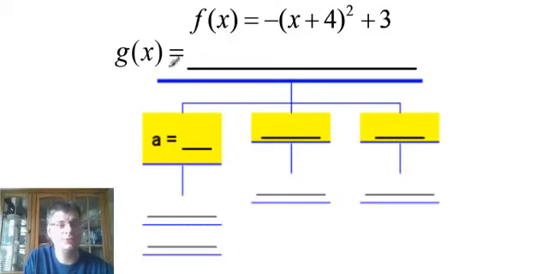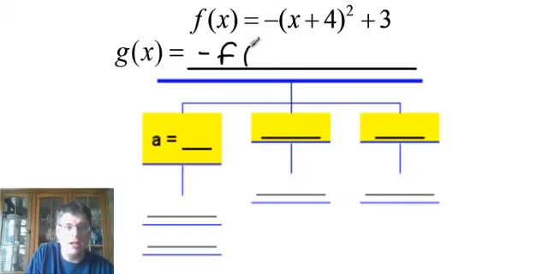We're going to write g of x in terms of f of x. So the function g of x, we can say, is negative f of x plus 4, plus 3.